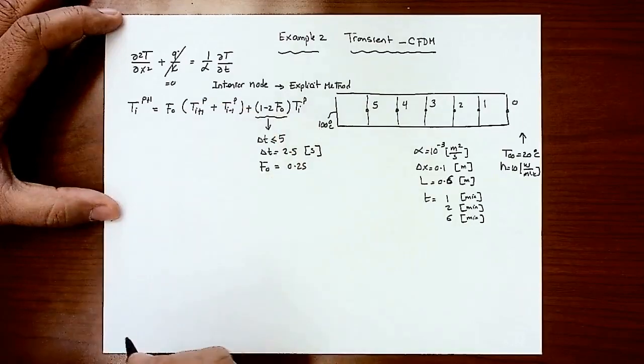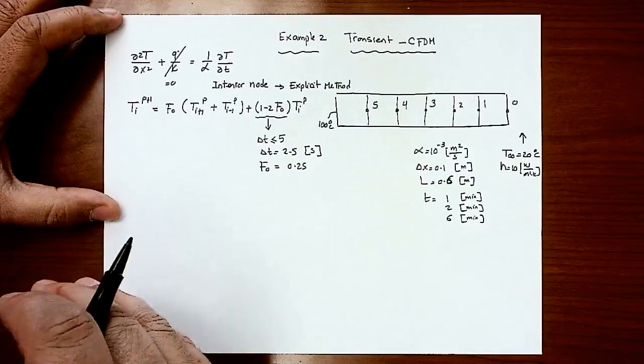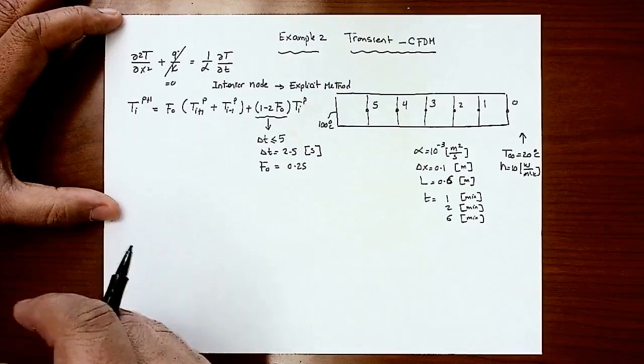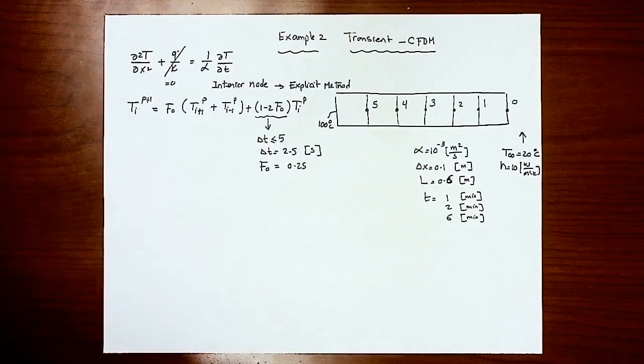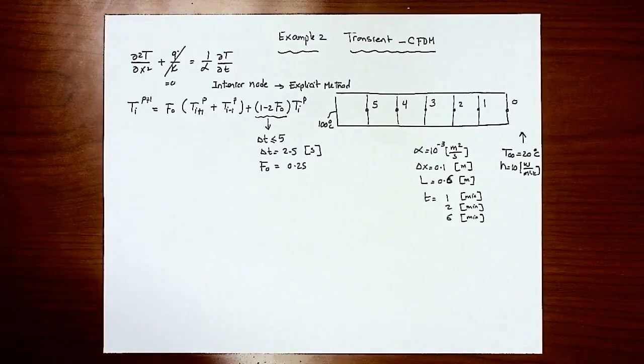So we were able to develop that, and we got these equations. Let me list these equations again for nodes 1 through 5, the following equations for the explicit method.